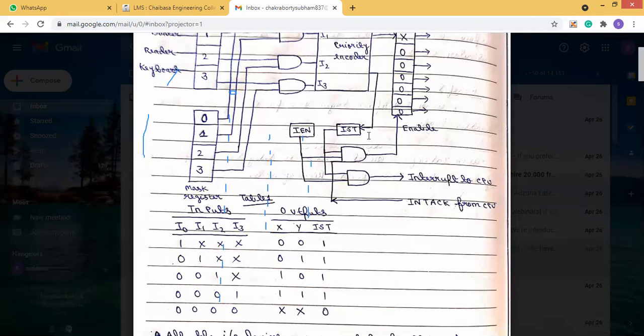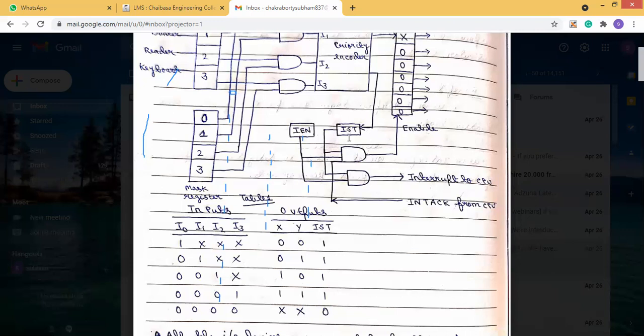IST is represented as this type of flag, which tells 0 means no one generated interrupt, and 1 means any of the particular input output devices has generated interrupt.